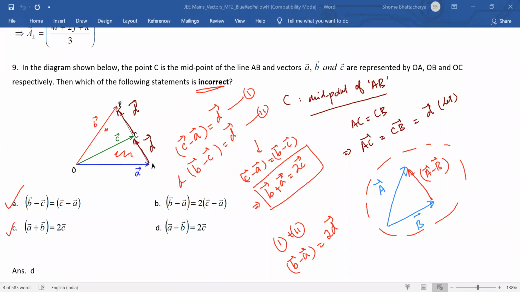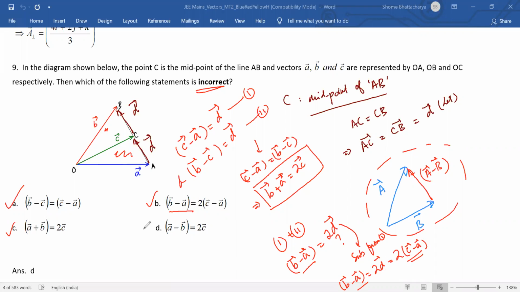Now I have to check this option in terms of C minus A. So substitute D from equation 1. 2D is nothing but 2 times C minus A. So my B minus A will become 2 times C minus A. That shows that this option is also correct.